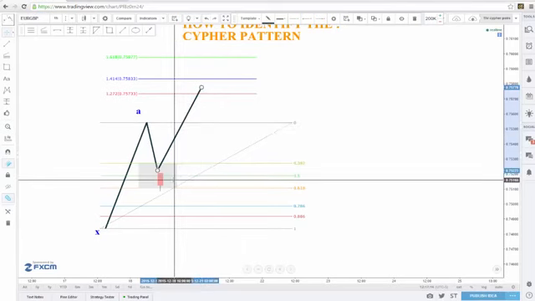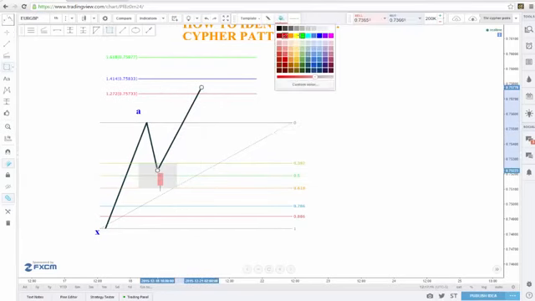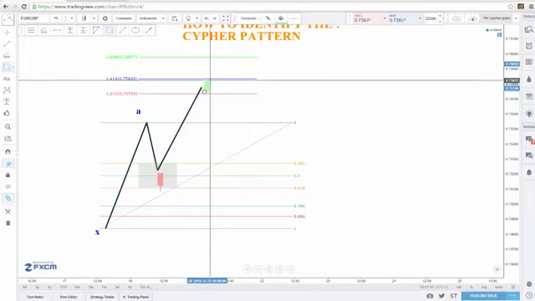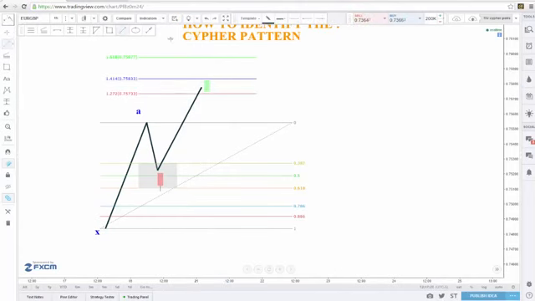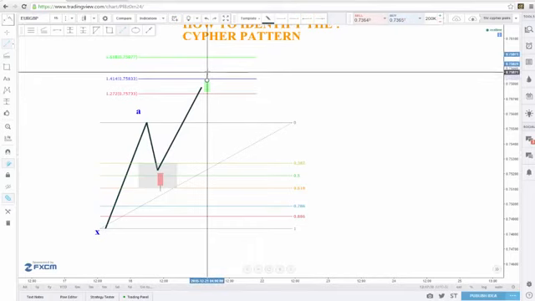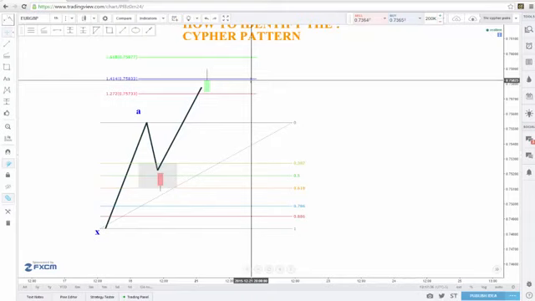So using the same example we did down here, this candle can come up to the 1414, and as long as it does not close above the 1414, even if we have a wick that comes up like this, that is still a valid cipher pattern.